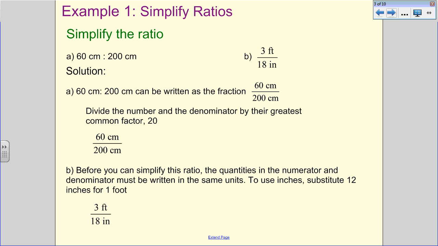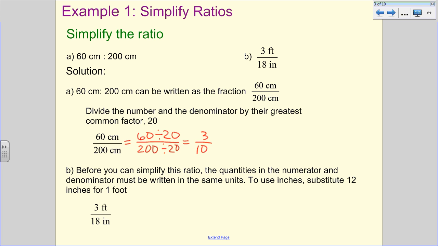We're then going to divide the number in the numerator and the denominator by their greatest common factor of 20. 60 divided by 20 and 200 divided by 20 is going to equal 3 over 10.